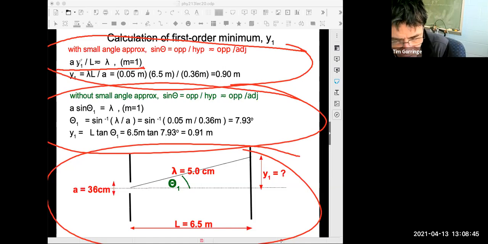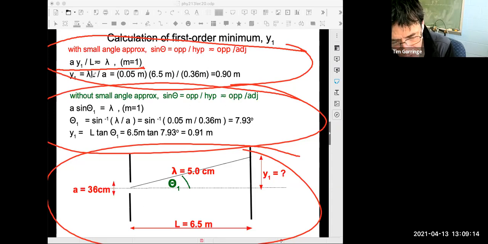Here's the location of the dark fringes, and I filled in that this is the first order dark fringe, so m equals 1. And so if m equals 1, we got this little relationship between all these dimensions in the problem, slit width, screen distance, wavelength, things we know, and the location of the dark fringe, what we don't know, y1. And so I just rearranged this for y1.